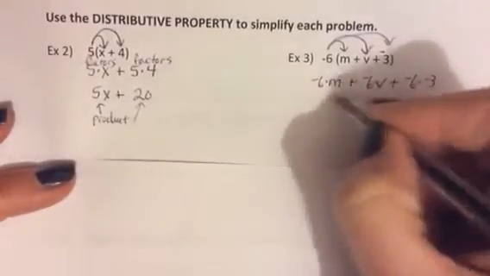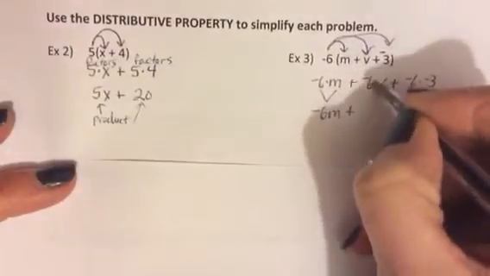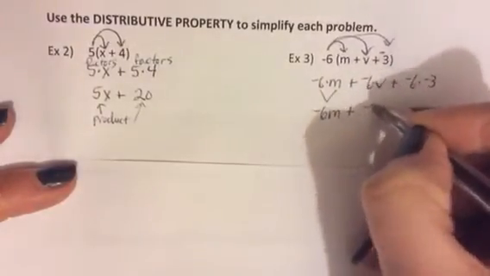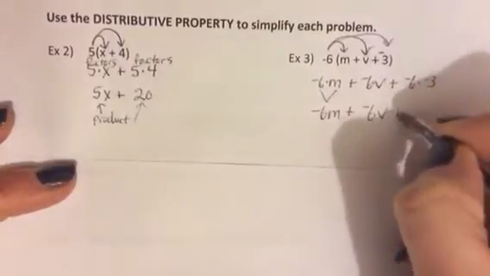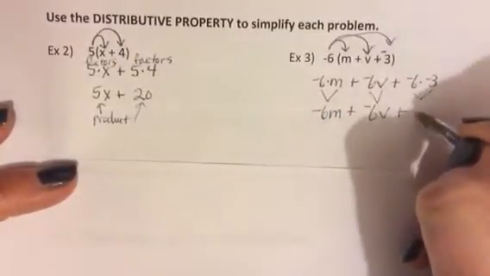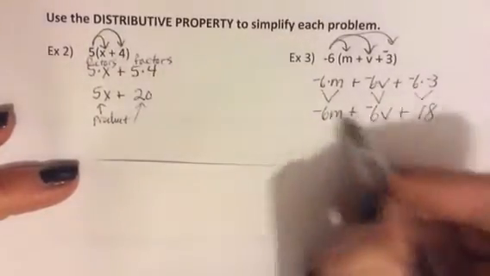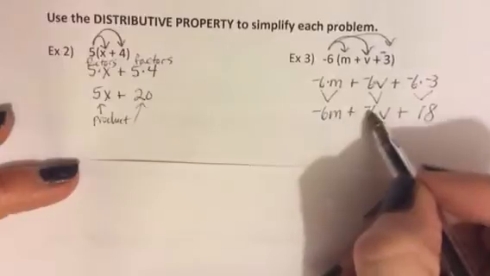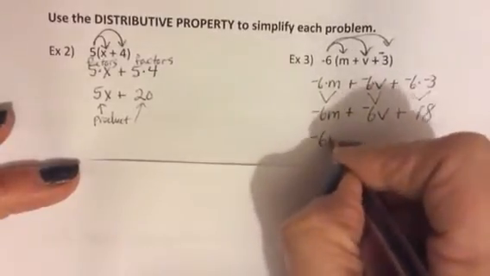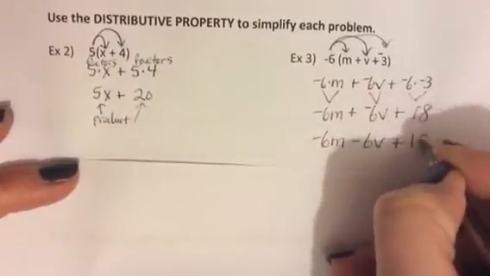All right, so we can take the dot out here and just say that's negative 6m plus, take the dot out there, negative 6b plus, and then negative 6 times negative 3 is positive 18. So in our final answer, we can change this plus and negative back into minus. So we have negative 6m minus 6b plus 18.